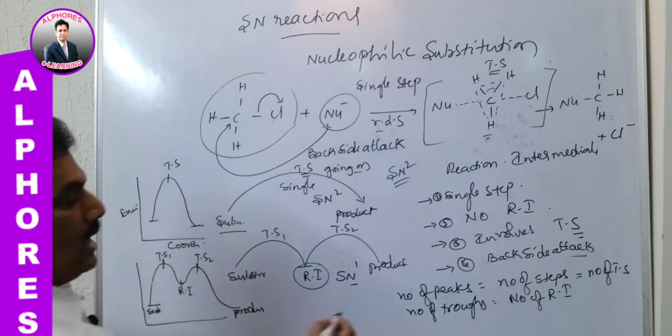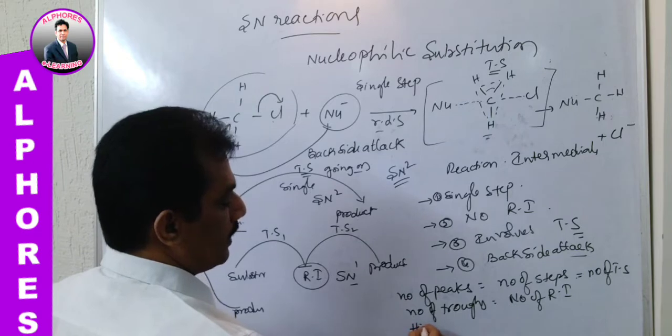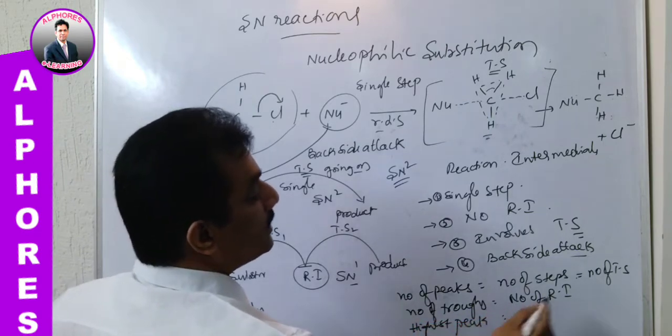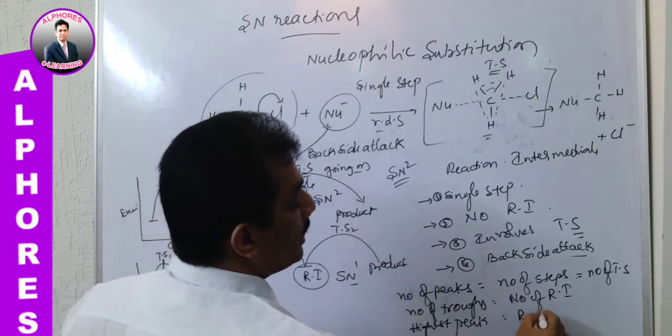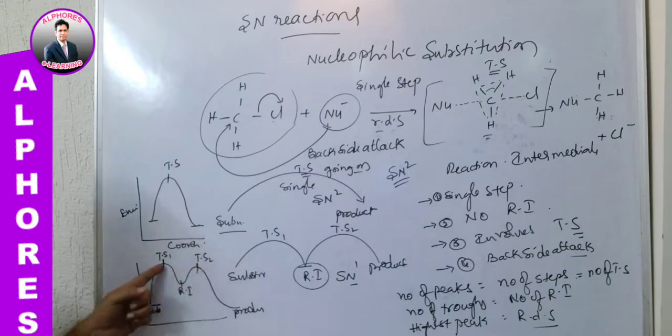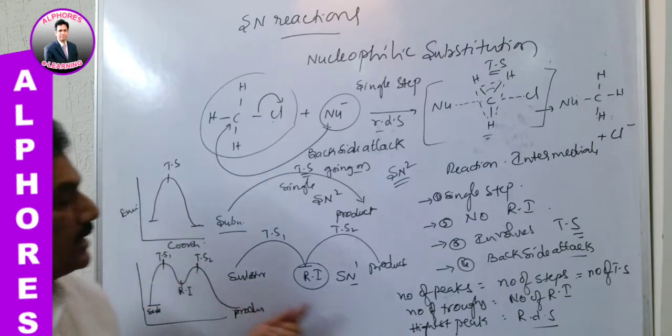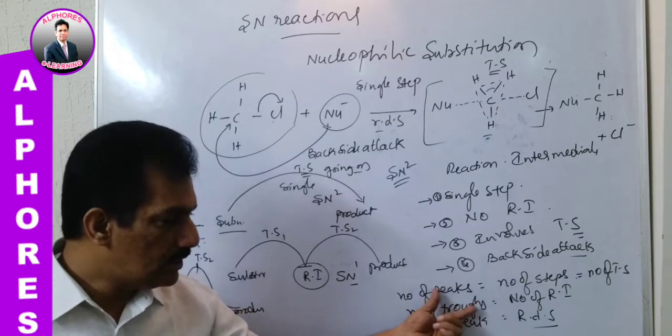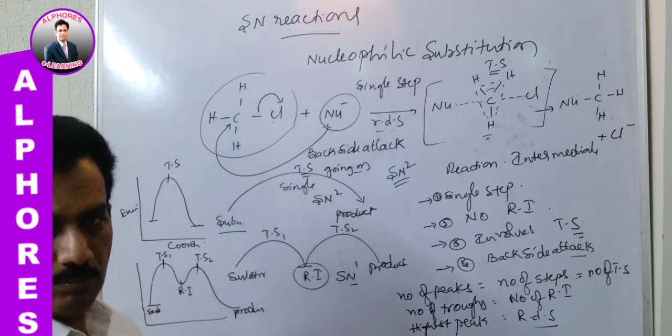Remember, the highest peak is the rate determining step. Among these two, this is the highest energy peak compared to this one, so step 1 is the rate determining step. Like that, the energy diagrams are related with other data. It is required for the competitive exams.